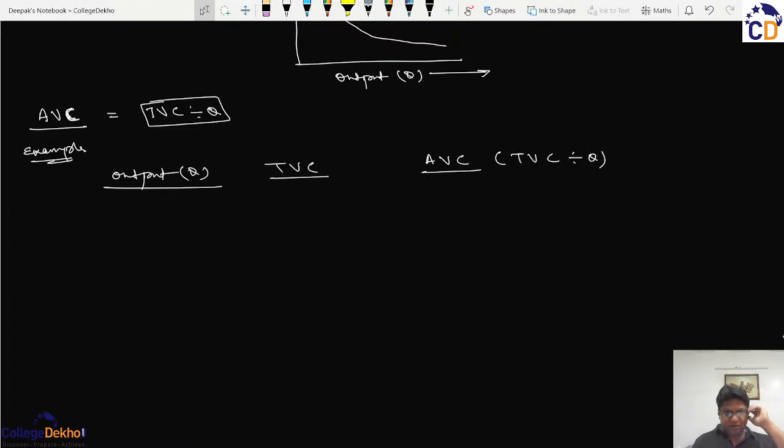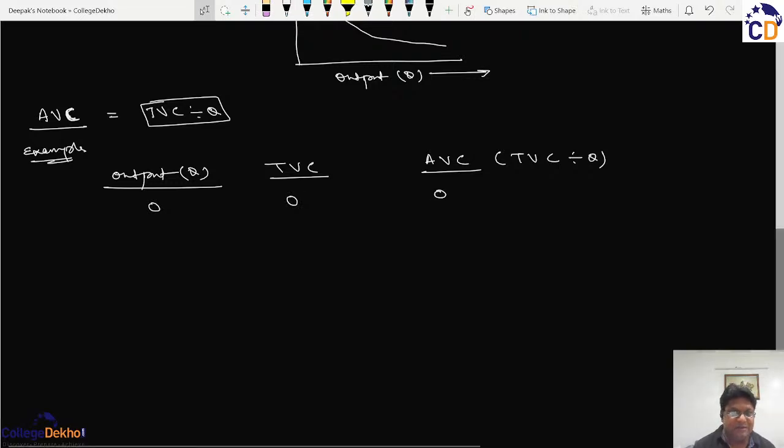And as discussed in the last session, in continuation to that, if the output is zero, the total variable cost will be zero, and that is the primary characteristic of the variable cost, and hence average variable cost will also be zero. But as the output increases, there will be some variable cost, let's say for example 6, and therefore the average variable cost will be equal to 6.